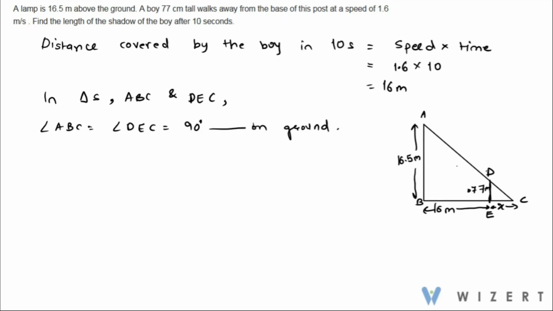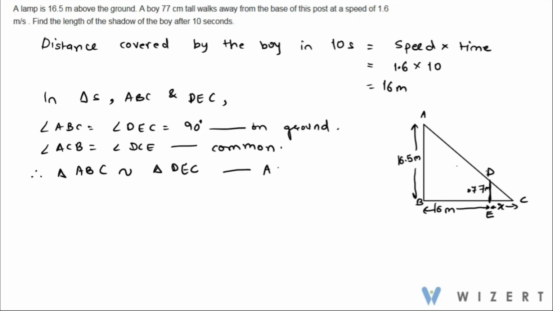Then we have angle ACB equal to angle DCE, which is common. Therefore triangle ABC is similar to triangle DEC by AA similarity criterion. So since they are similar triangles, we can say that sides are in proportion.